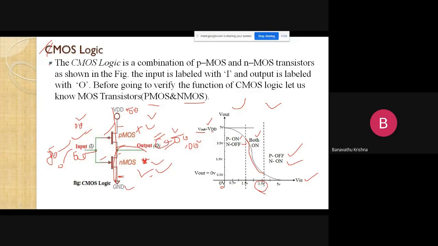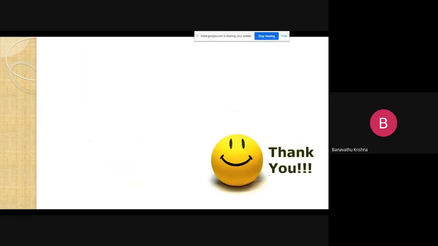Finally, we get output response 0. Practically there is a slight amount of voltage, like 0.3 or 0.2. So this is the basic concept of the construction of CMOS logic by using NMOS and PMOS devices. Right? Thank you.